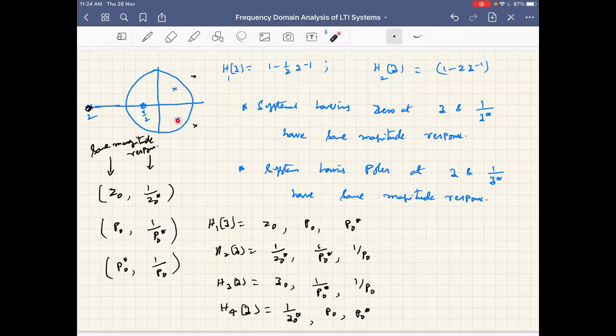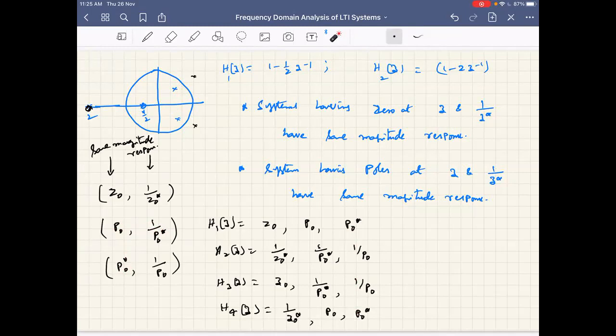These two come as a pair, so we can't separate the poles p naught and p naught star. However, if you separate them, there are still more combinations possible. These are the possible combinations.